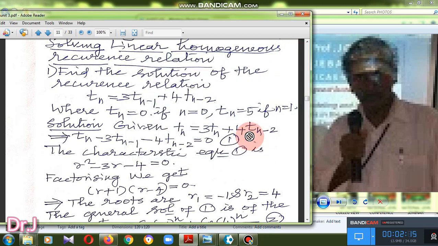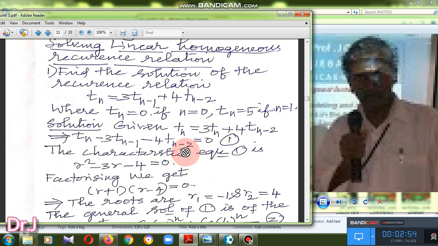When you bring these two terms to this side, you will have Tn minus 3Tn-1 minus 4Tn-2 equals 0. Am I correct? So the right side becomes 0. I am taking this as equation number 1 because in the future we may be using this equation.